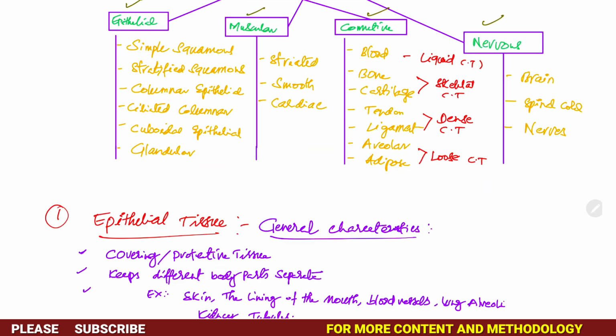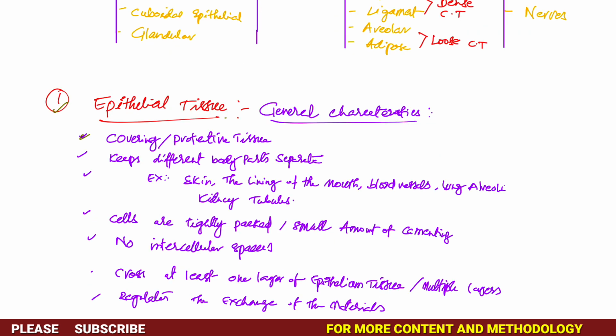This epithelial tissue can be classified into simple squamous, stratified squamous, columnar epithelium, ciliated columnar, cuboidal and glandular. Let us discuss some general characteristics of the epithelial tissue. First, covering or protective tissues in the animals are completely epithelial tissues.